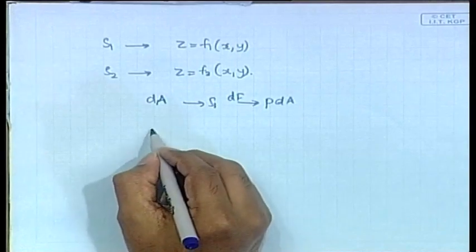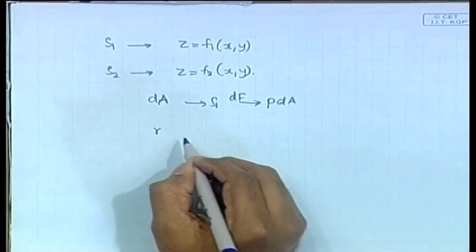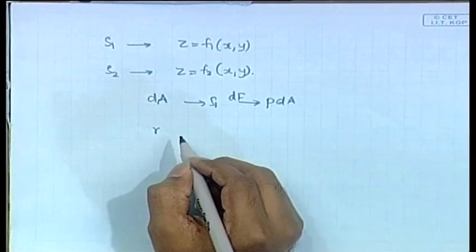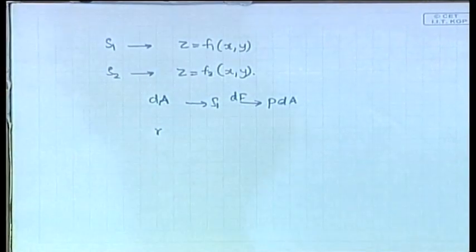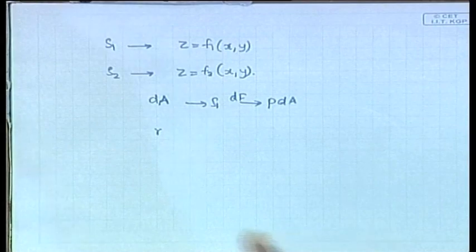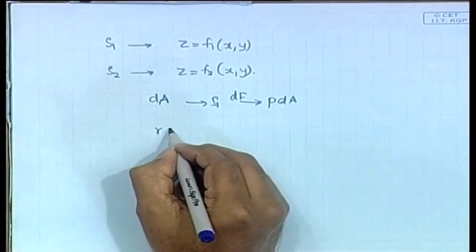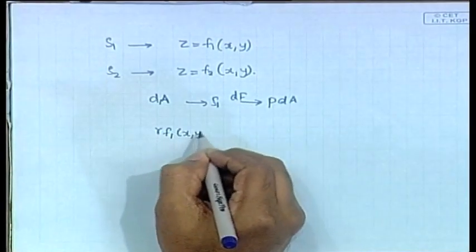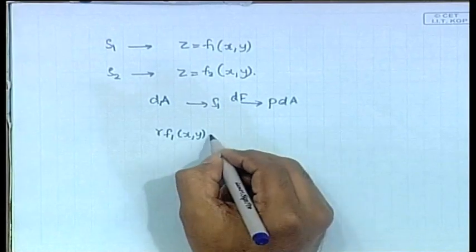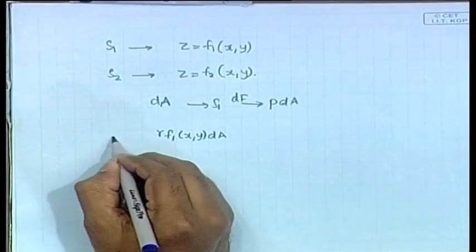The vertical component of the force will therefore be given by, now what is pressure? Pressure is equal to rho g h, rho g z in our case, which is gamma z. Now, what is z on the top surface? It is f1 of x y, which we have already defined. So gamma into f1 of x y will give you the pressure at the surface, and into dA will give you the force, this is that dF.